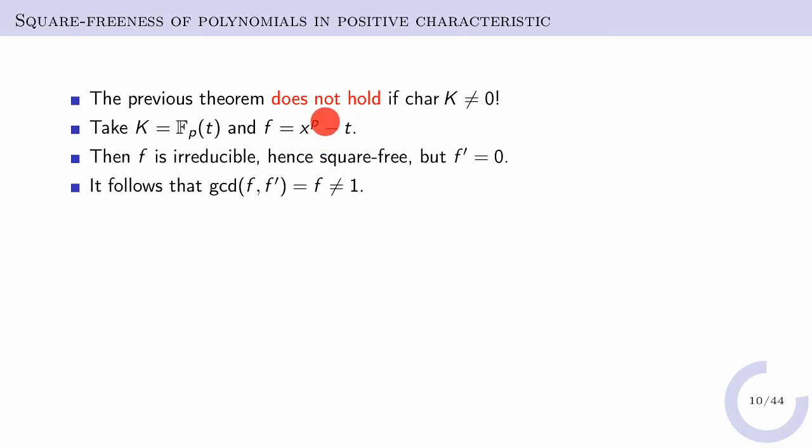Here the variable is x. The t is an element of the field of constants. Of course, it's a variable over F_p, but the whole field of constants is F_p(t).